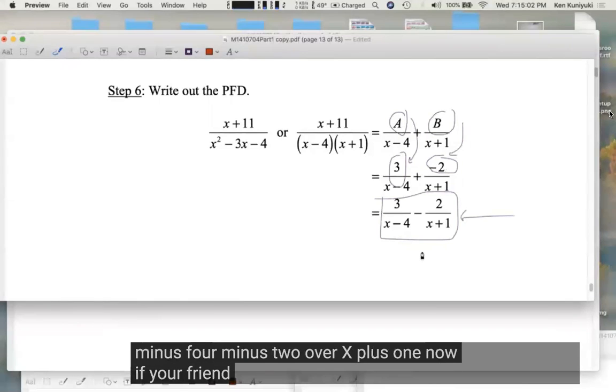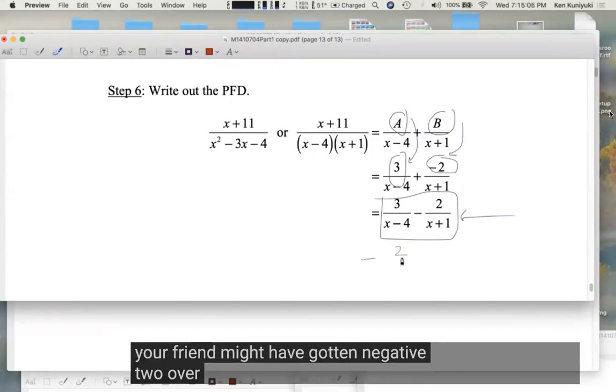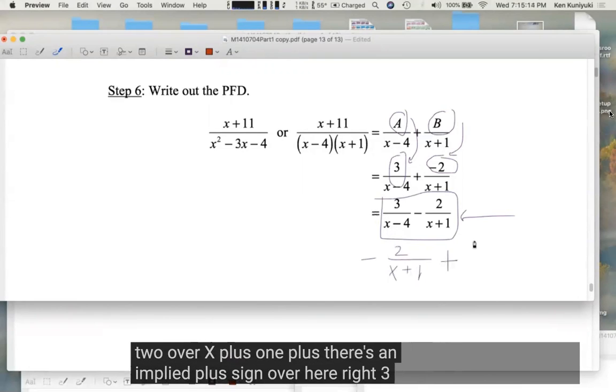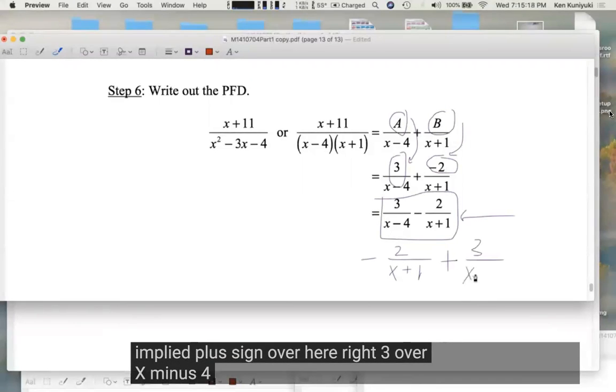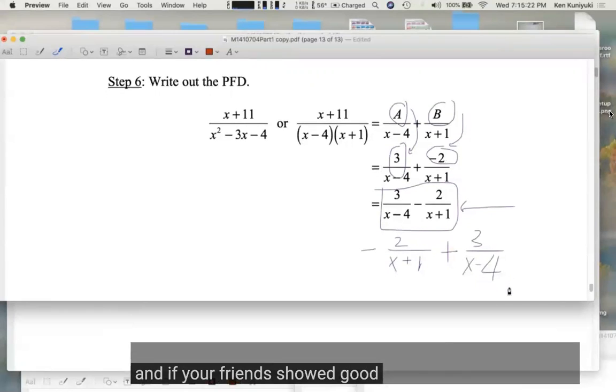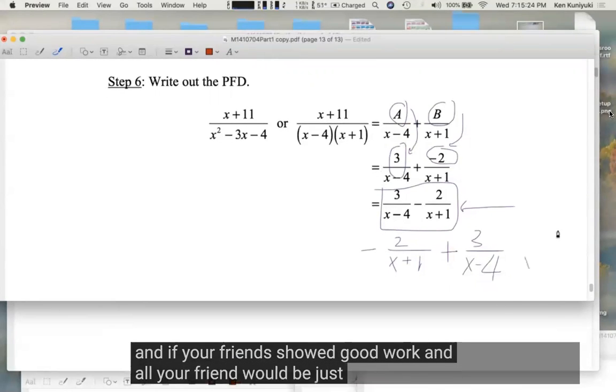Now, if your friend did some switching up, your friend might have gotten -2 over x plus 1 plus, there's an implied plus sign over here, right? 3 over x minus 4. And if your friend showed good work, your friend would be just as correct.